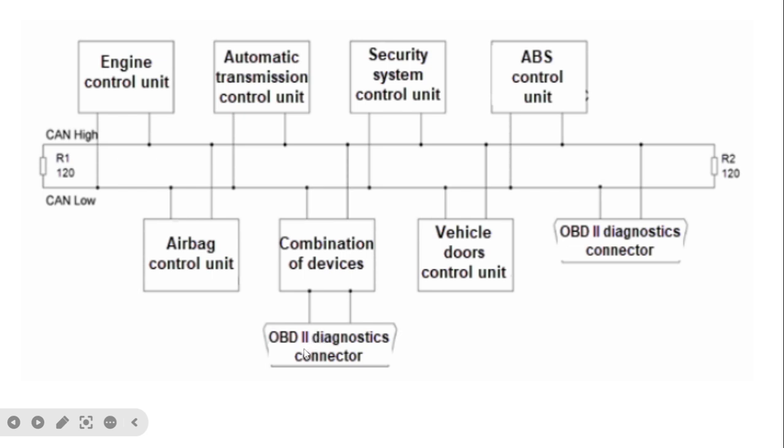Here the main connector is combined, the OBD2 diagnostic connector, and from it, it is connected to the ECU. Just assume here the ECU is connected and this is the main connector which is connected to the ECU, and these all the features are interconnected like this, okay.